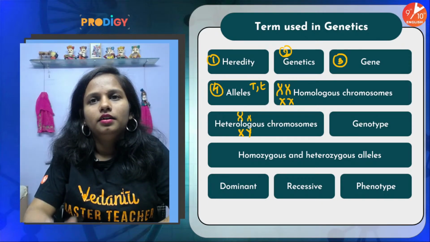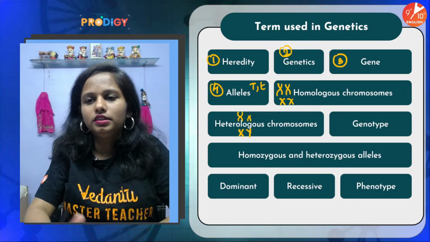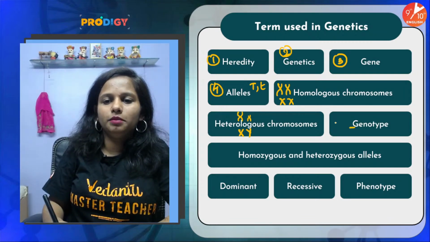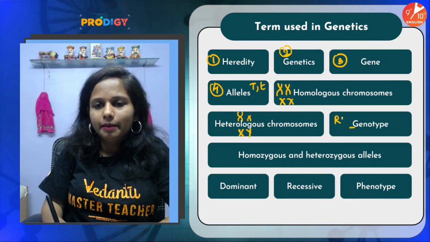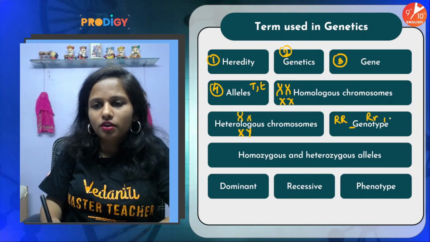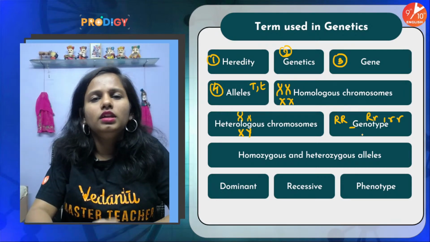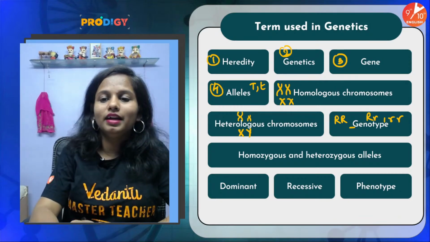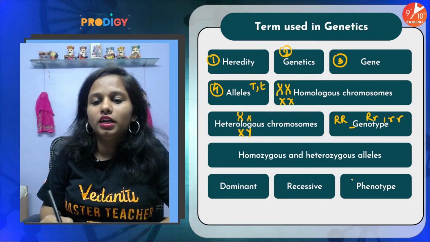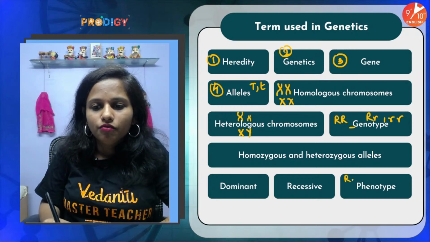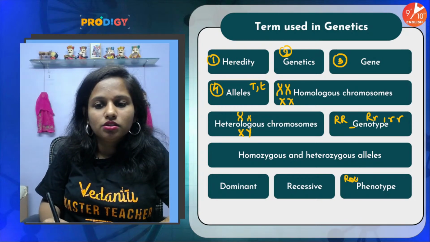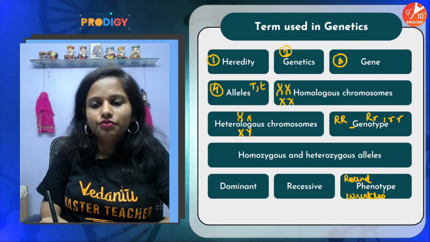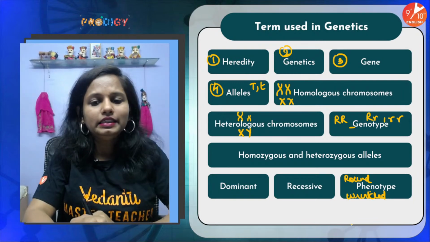Then the genetic makeup is represented by means of genotype, right? Like capital R capital R or capital R small r or small r small r. Now this genotype is responsible for the physical appearance, and that is what we call the phenotype. So capital R will make the seeds round, and small r will make the seeds wrinkled. So that's the physical appearance, right?